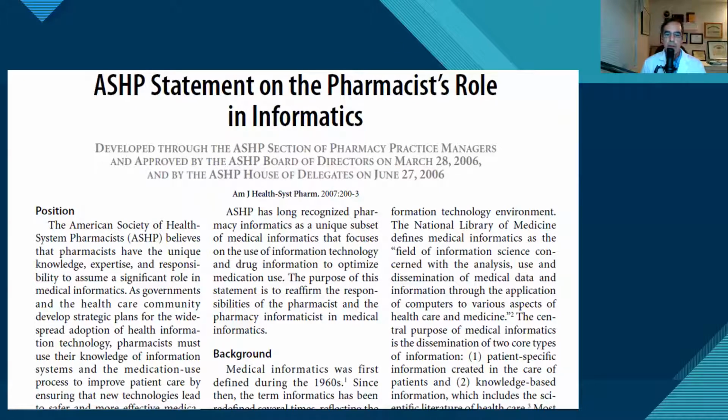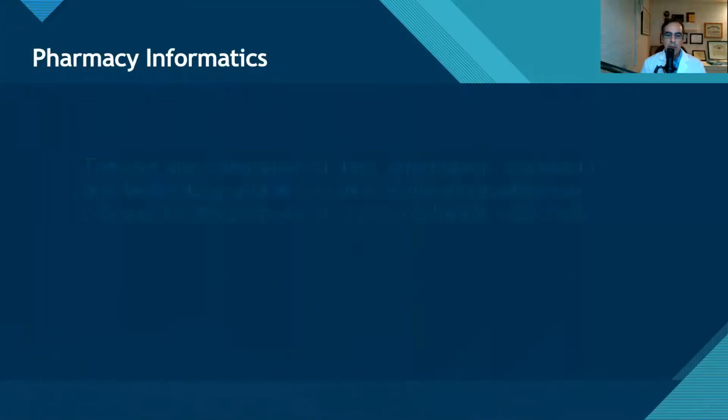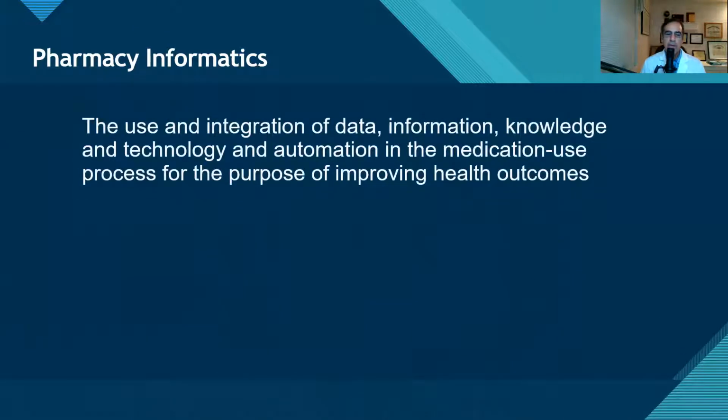So this was that original statement from 2007, and I mentioned that this was the statement that really launched pharmacy informatics as a specialty practice within the practice of pharmacy. From that, I pulled out a definition: pharmacy informatics is the use and integration of data, information, knowledge, and technology and automation in the medication use process for the purpose of improving health outcomes.